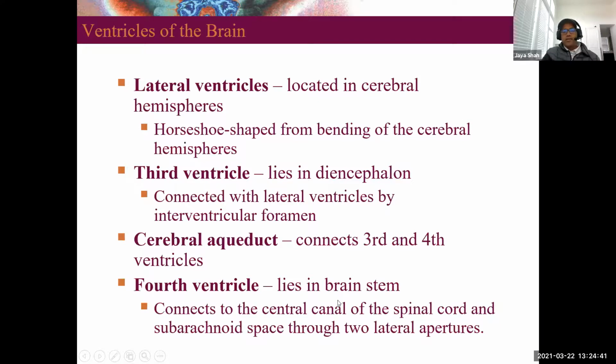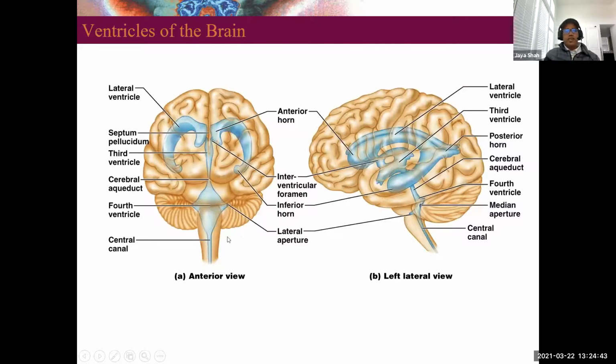Okay, let's see the diagram, which will be easier. So here, this is the brain, anterior view and lateral view. I want you to spend a minute here and orient yourself. In the anterior view, you are looking at the subject from the front, and this is the 3D cavity structure of the ventricles.